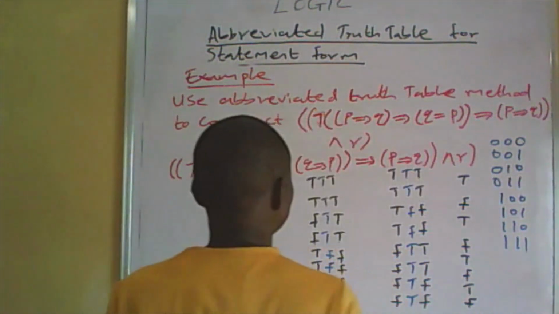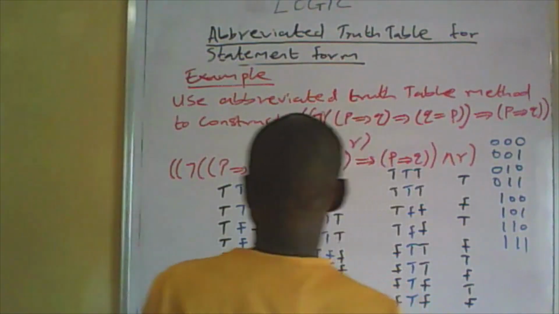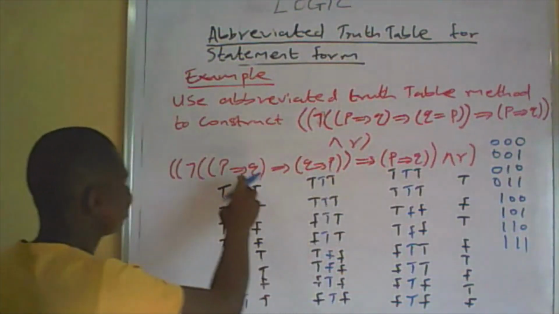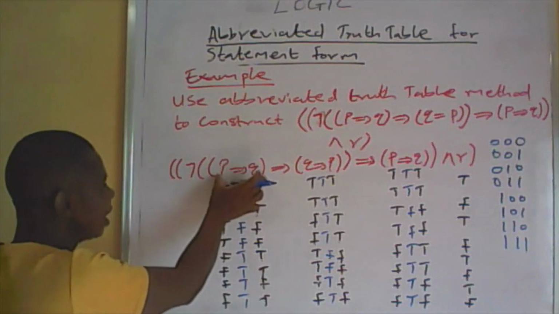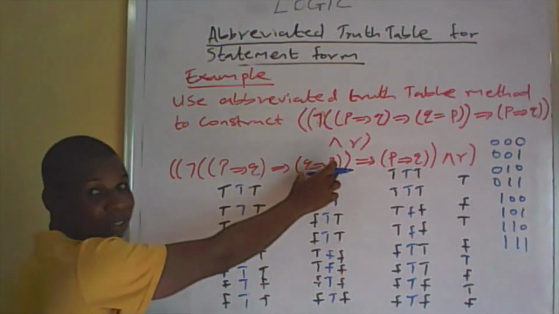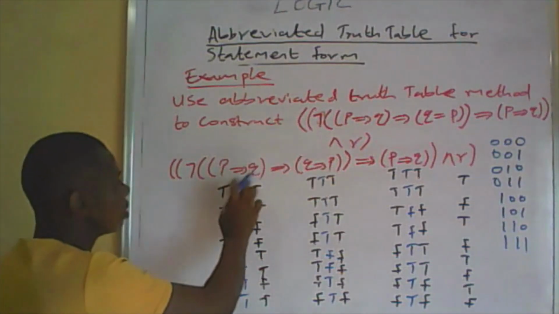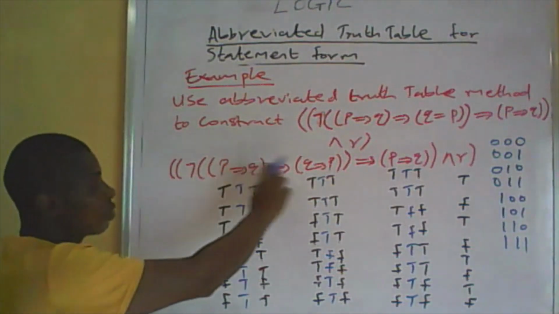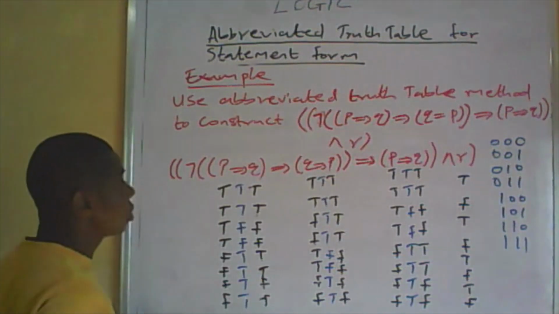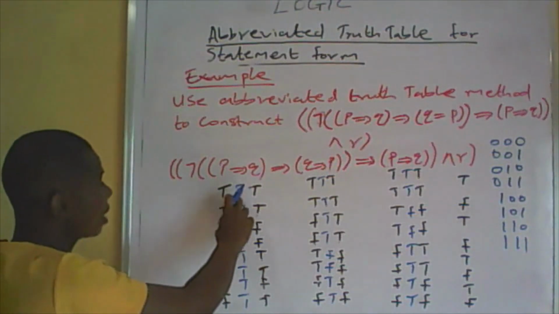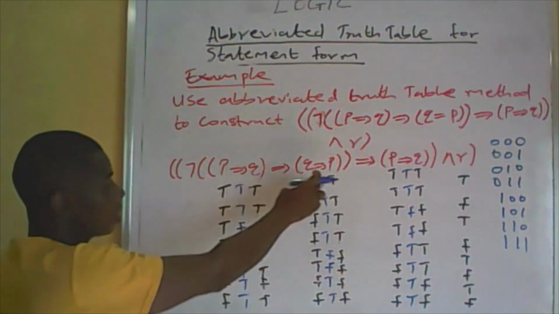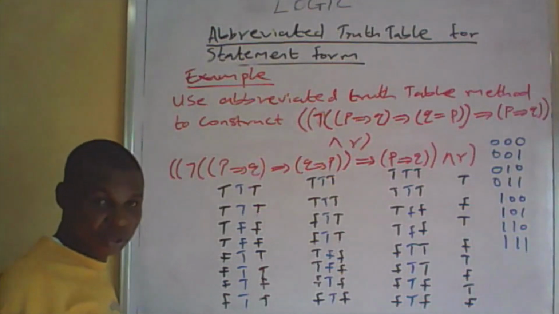Very good. Having done that, we know that this statement implies this statement. You are going to evaluate two statements. This one is the antecedent, this one is the consequent. So if here is T and here is F, you know that it is false.